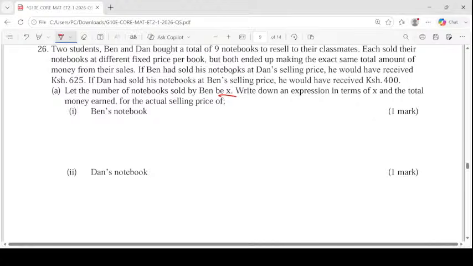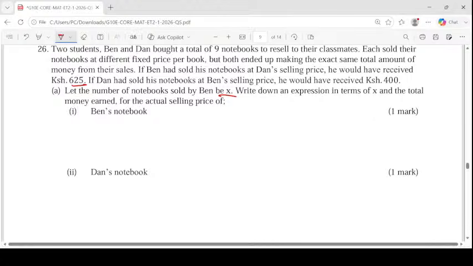If Ben had sold the notebooks at Dan's selling price, he would have received this amount. If Dan had sold his notebooks at Ben's selling price, he would have received 400 shillings.